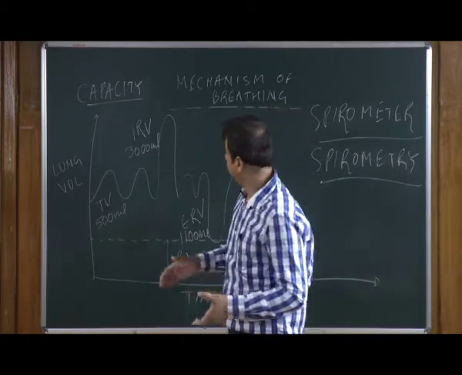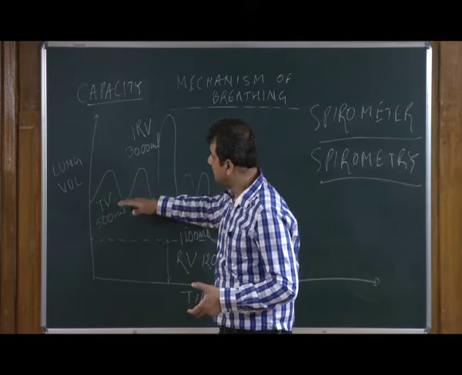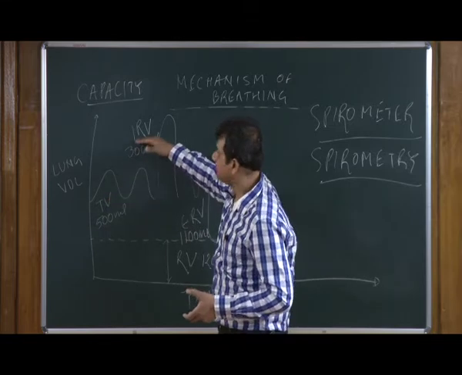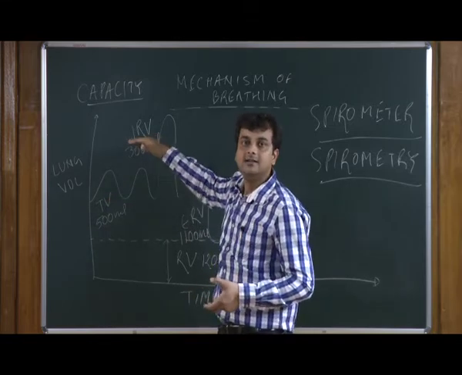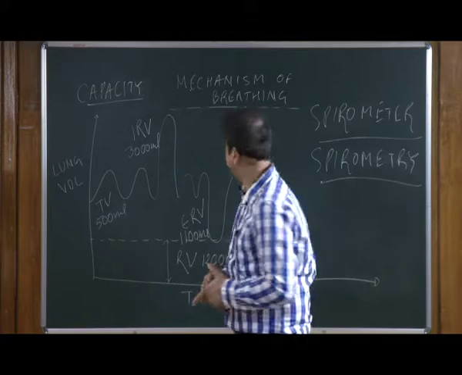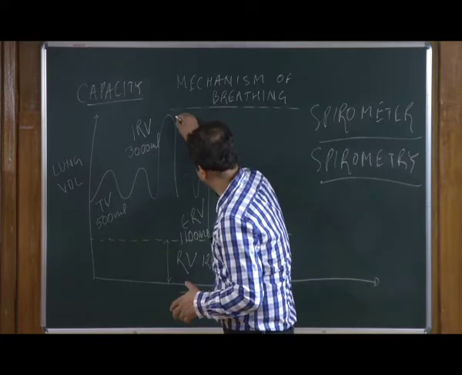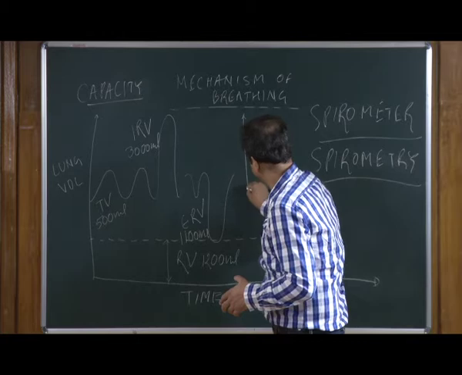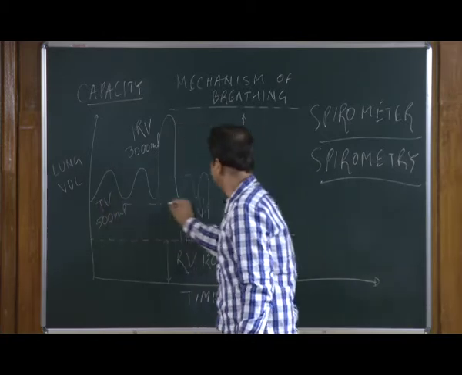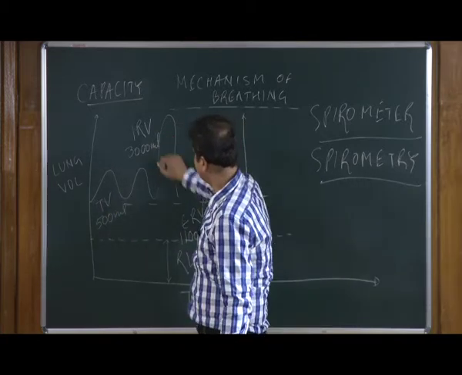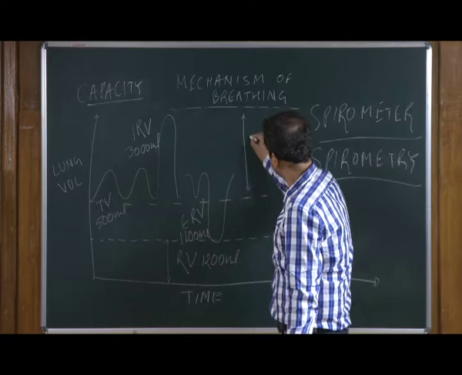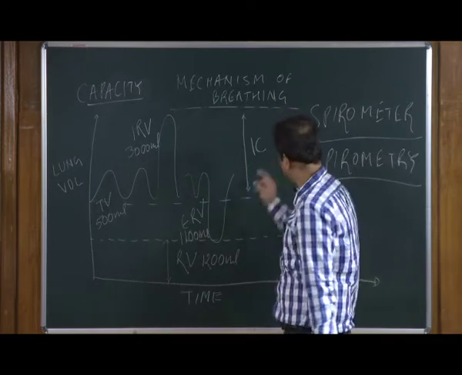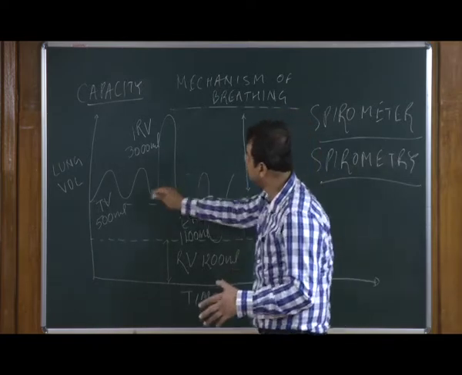If we combine the tidal volume and inspiratory reserve volume, we can call it inspiratory capacity. So, capacity is nothing but the addition of two volumes.